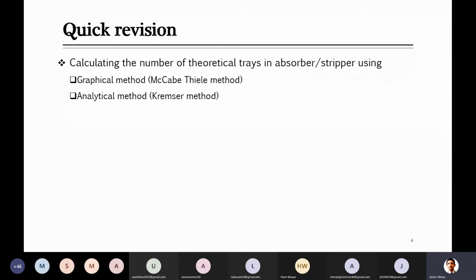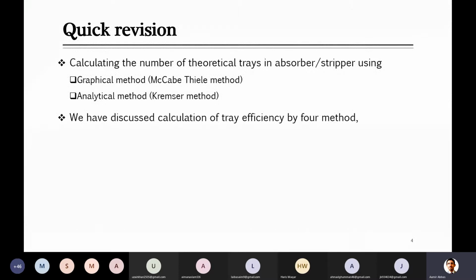Initially we started with the calculation of the number of theoretical trays by using 2 methods, the graphical method and the analytical method. Then we said that the actual number of trays is not equal to the theoretical number of trays. The reason is that when we use either the analytical or the graphical method, we consider that the liquid and vapor leaving any tray will be in equilibrium.